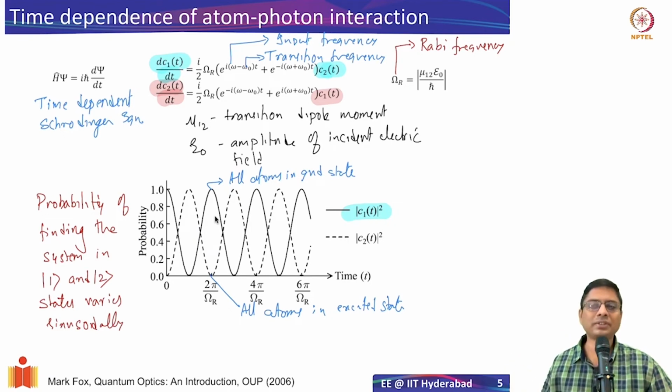And that particular frequency we said is the Rabi frequency. So that is why here, if you look at the bottom, this is basically the period of oscillation, which is simply going to be 2 pi by omega r. If I do 2 pi by omega r, this is my period of oscillation.